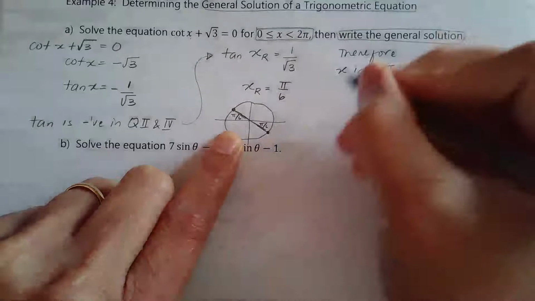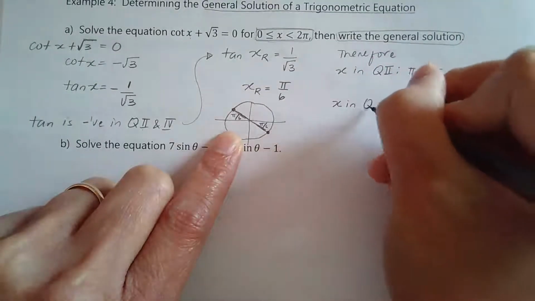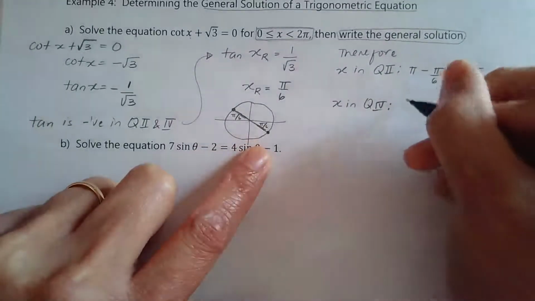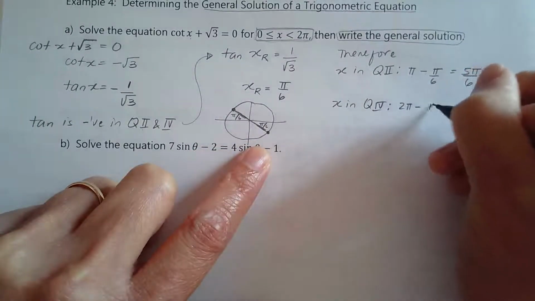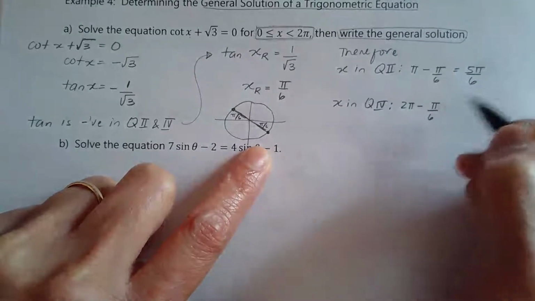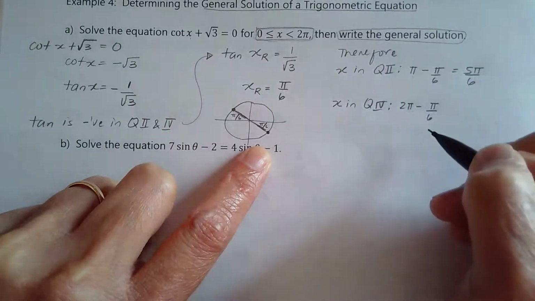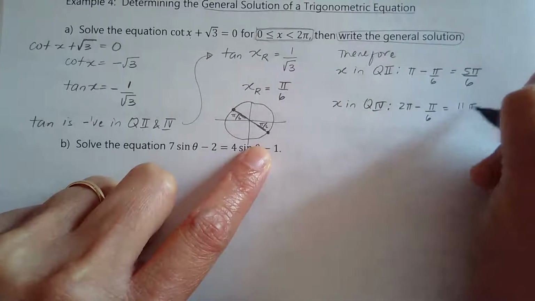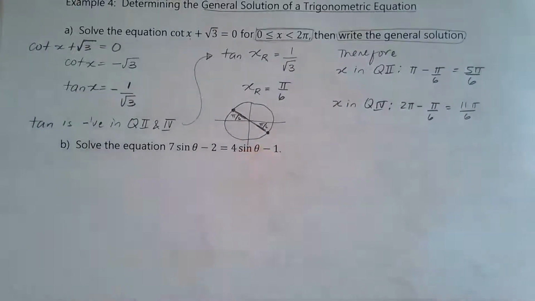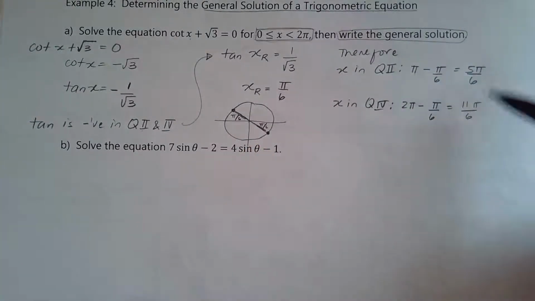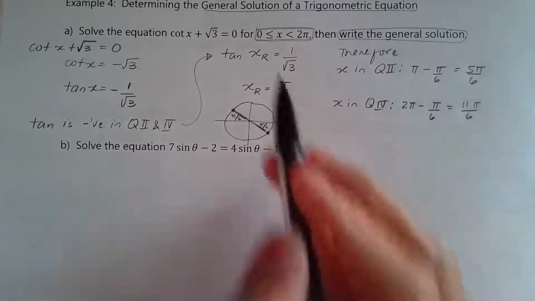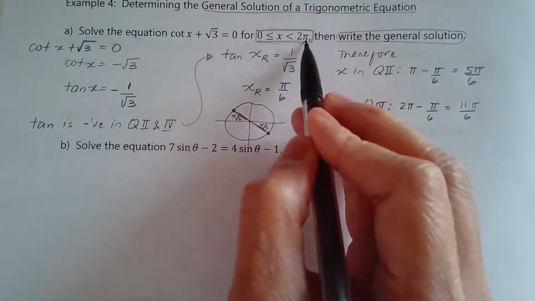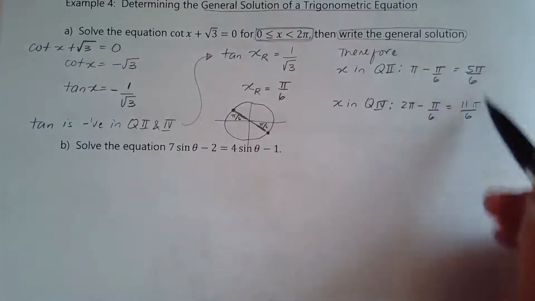And then x in quadrant 4 is going to be 2 pi minus pi by 6, so that's 12 pi by 6 minus pi by 6, which is 11 pi by 6. So these two are the solutions for the domain 0 to 2 pi.